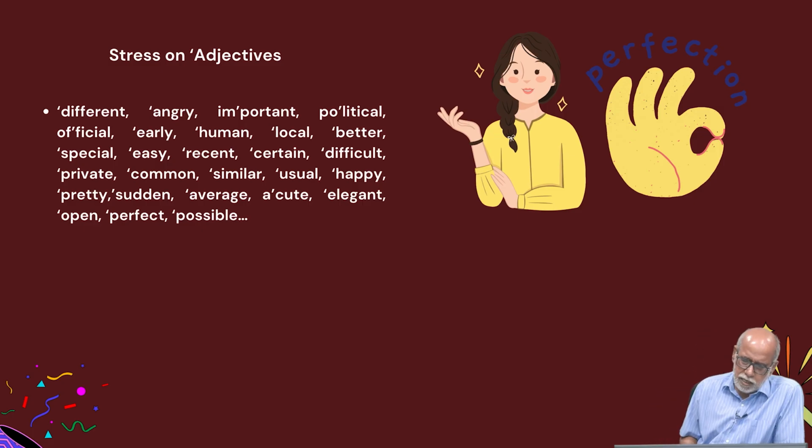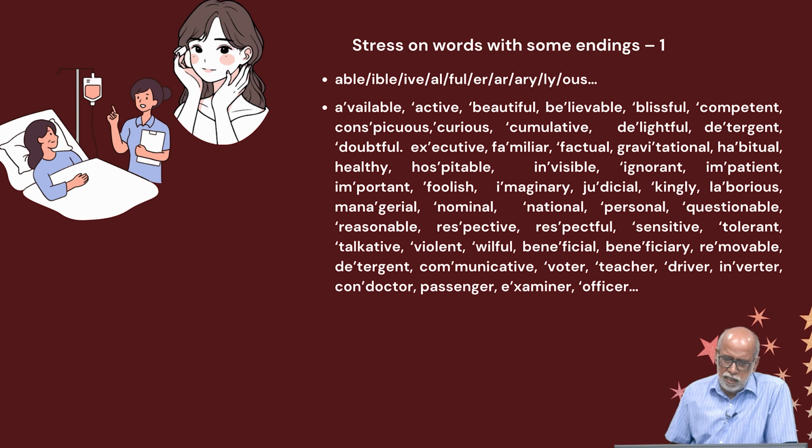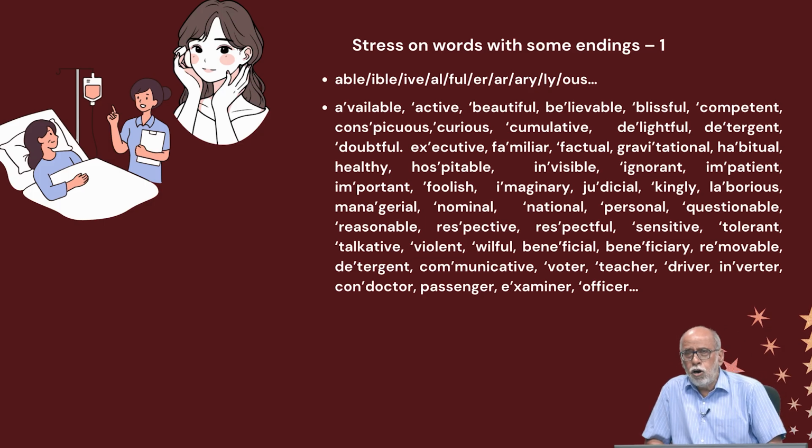It is not the case that if a word ends in able or ible or ive or al or ful or er or ar or ary or ly or ous, etc., then the stress must be on a particular syllable before it. That is not the rule.